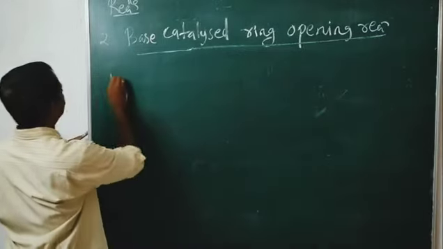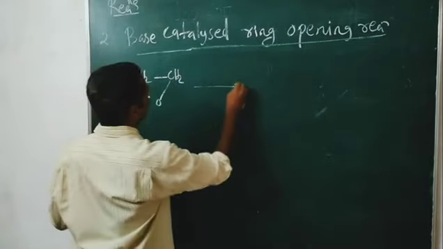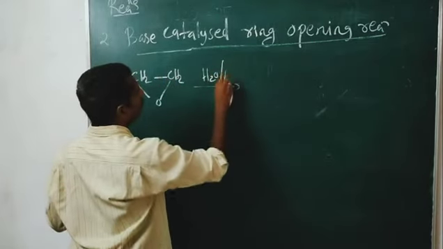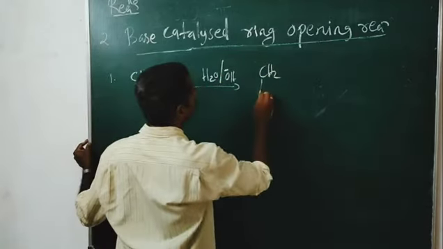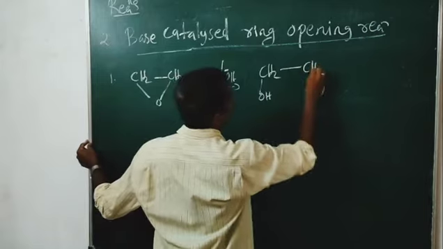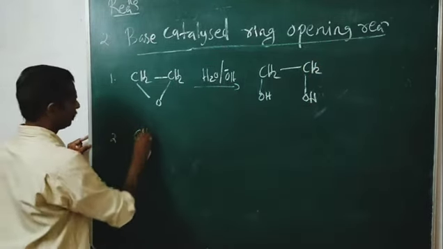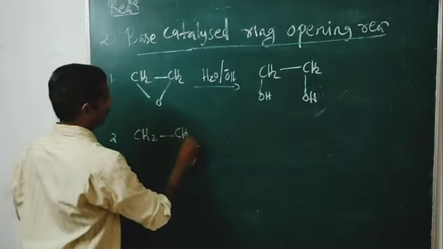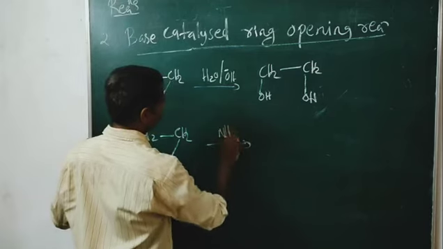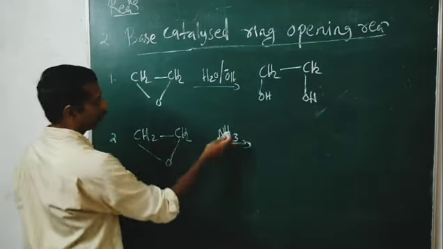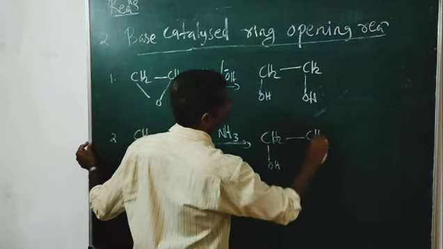Number one, ethylene oxide reacts with water in basic medium, OH minus. You get the same product, CH2OH, CH2OH. Okay, second reaction, ethylene oxide reacts with ammonia, NH3. We can write H, NH2, so we get CH2OH and here it is CH2NH2.